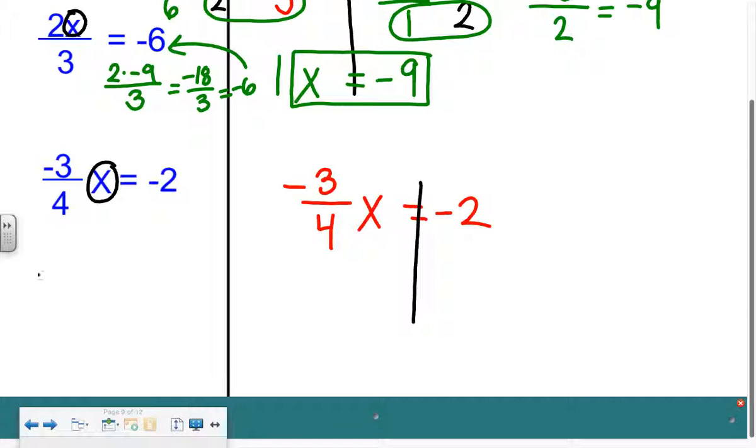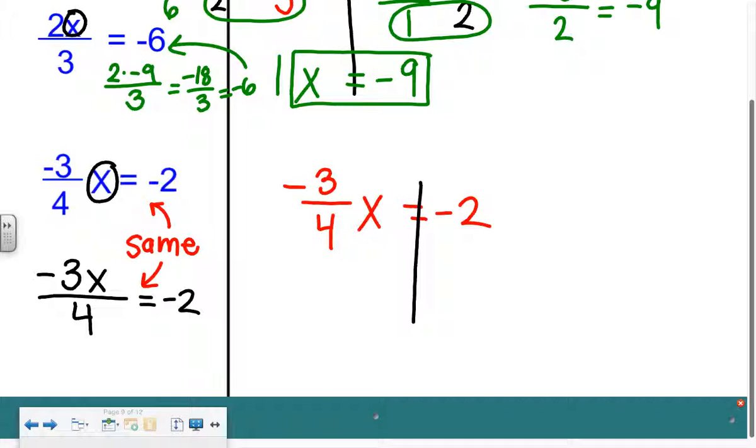But really, I could rewrite this to look like the top equation, and I would still do the exact same thing. These two are the same. So the x can be placed in different spots, and your steps will still be the same for solving.